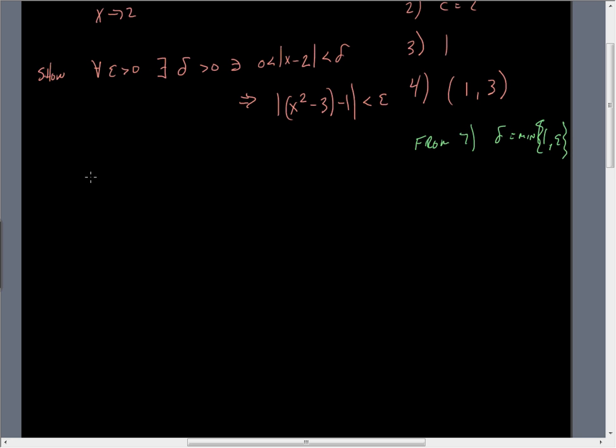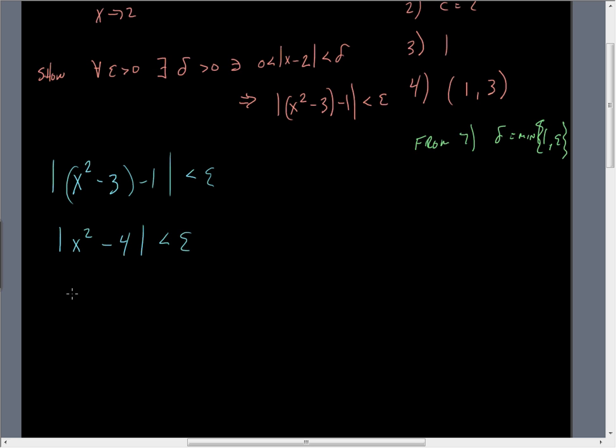And so I'm going to start right off with epsilon. And so because of this, we can go ahead and expand this out. And so inside, negative 3 minus 1 is negative 4, less than epsilon. And so that gives us x squared minus 4.